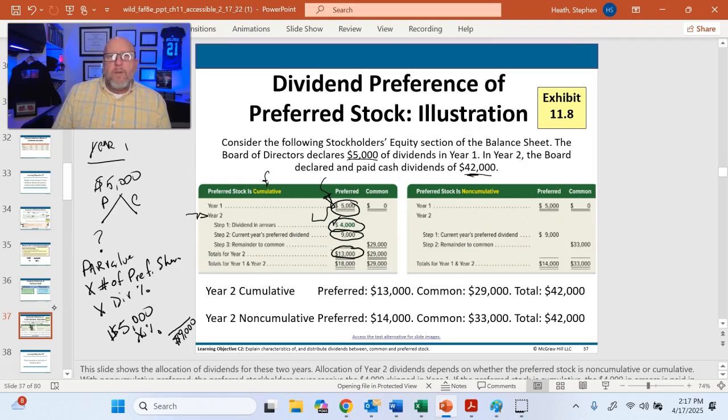Okay. The total dividend is 42,000. So if I have 42,000 minus the 13 that I am obligated to pay the preferreds, everything else in the second year can go to the common shareholders, right? Which is this in the second year.